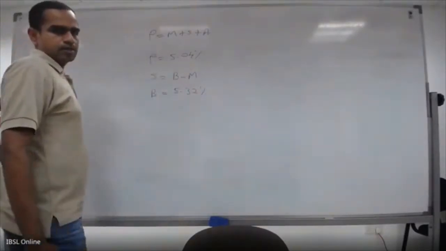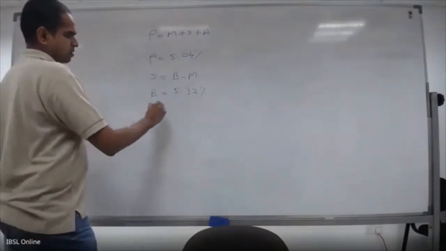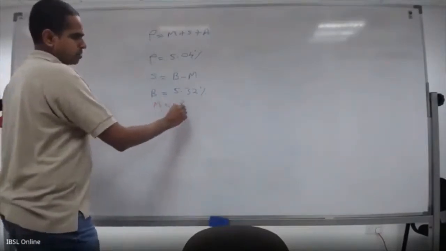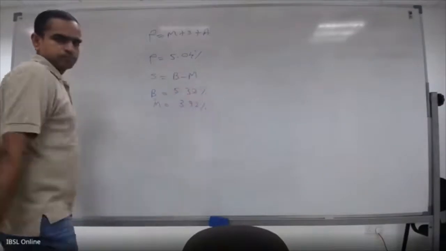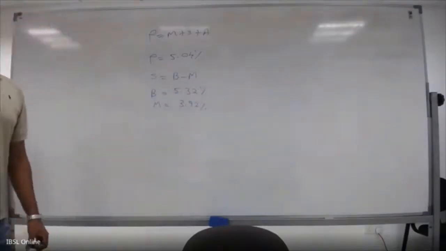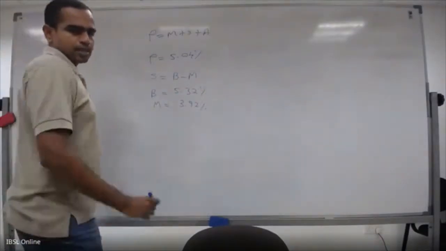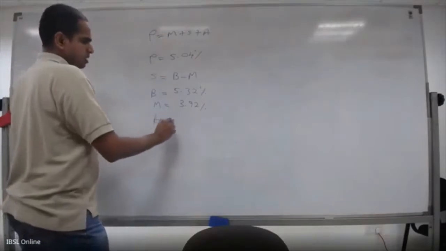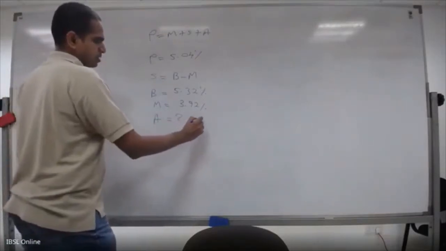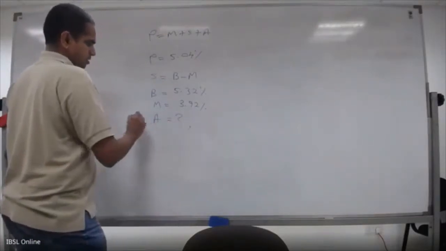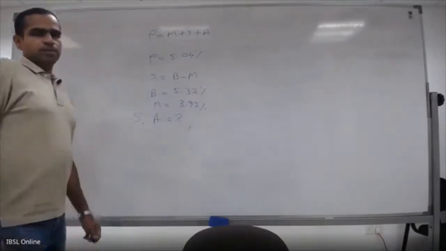And the market index for M is 3.92%. Calculate the amount of portfolio return attributable to the manager's active management, what is A and S. And style.